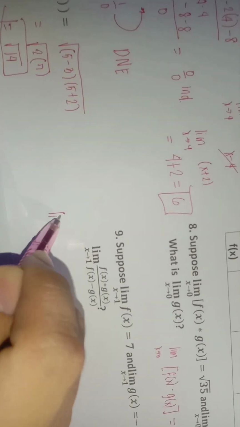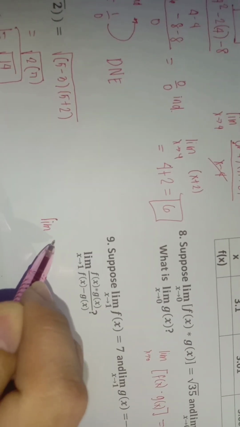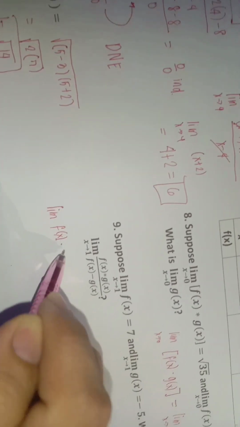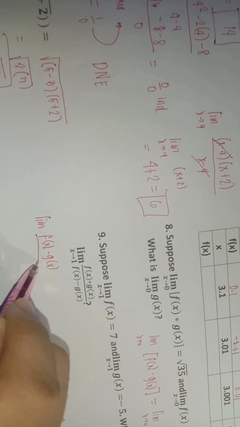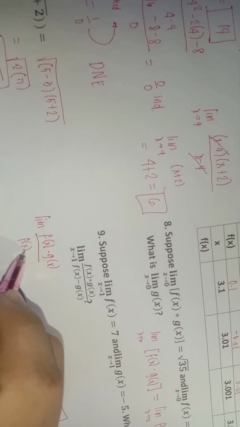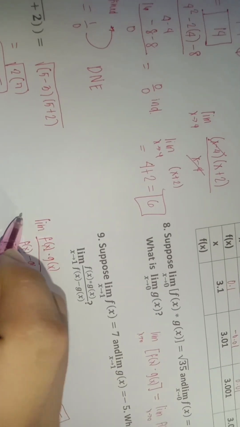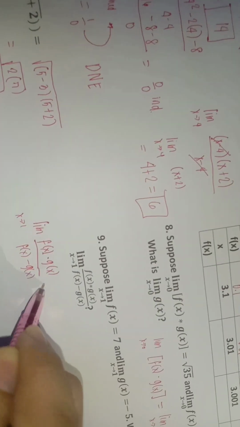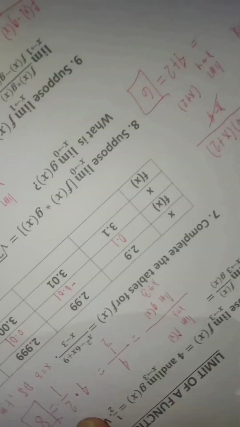So yung mangyayari, magiging limit of f of x times g of x over f of x minus g of x as x approaches 1, which is also the same as what?